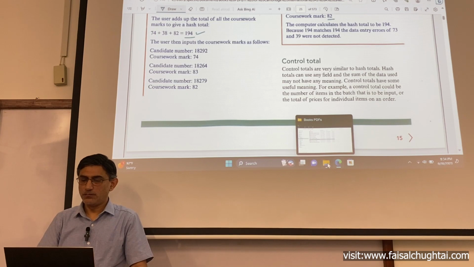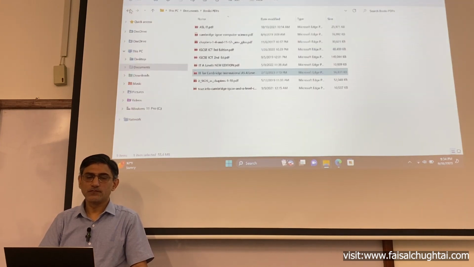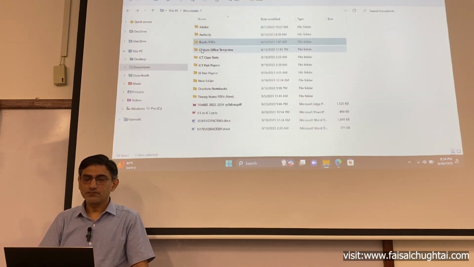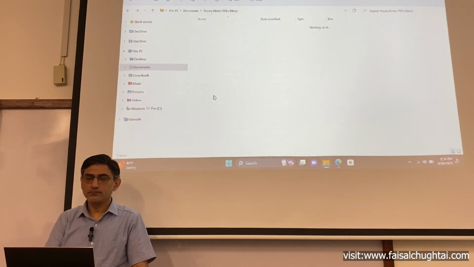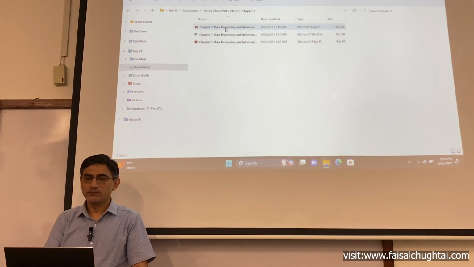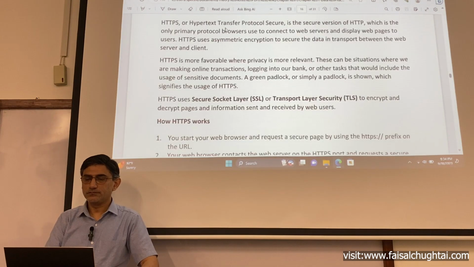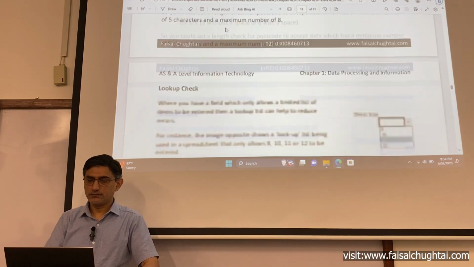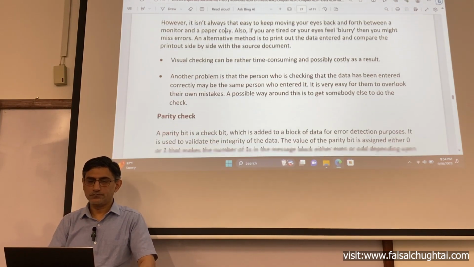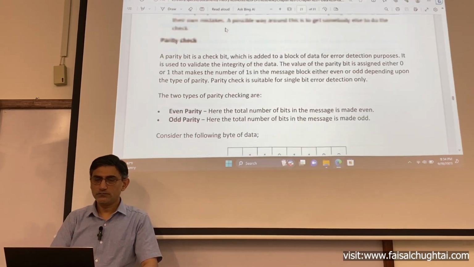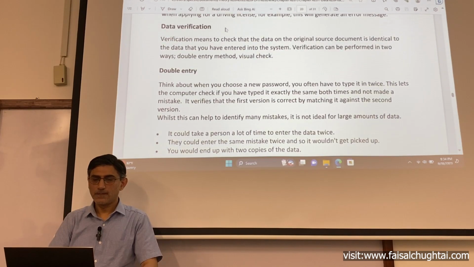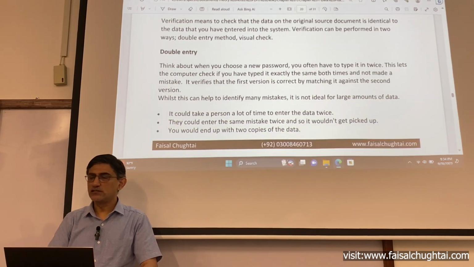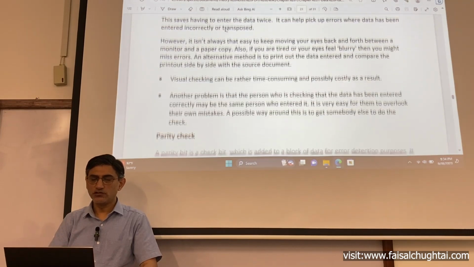Okay, I would like to open up my notes as well. Let me show you something. So of course there's this description about double entry, and then there's visual check.